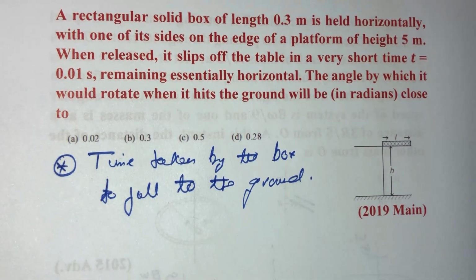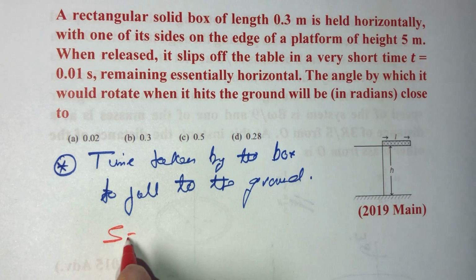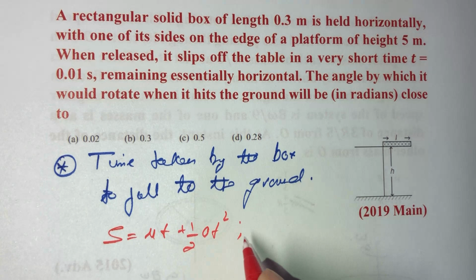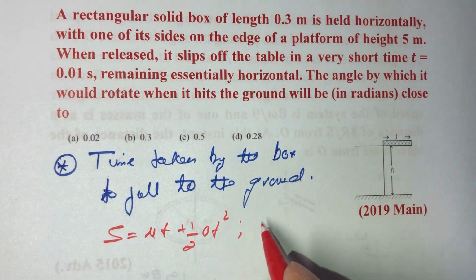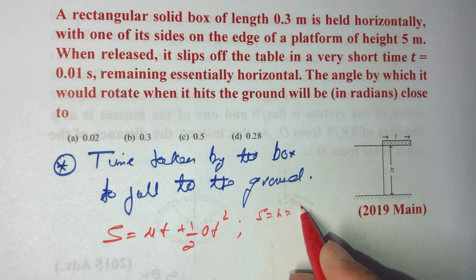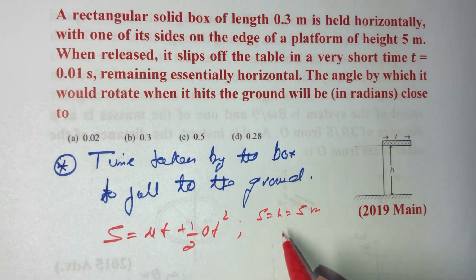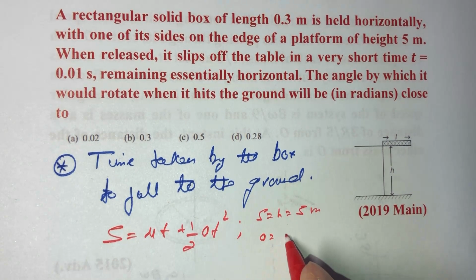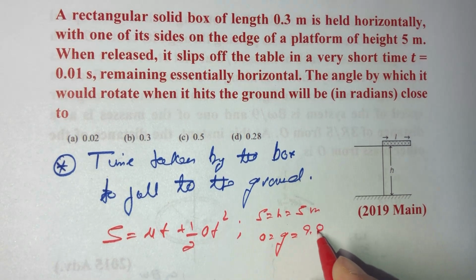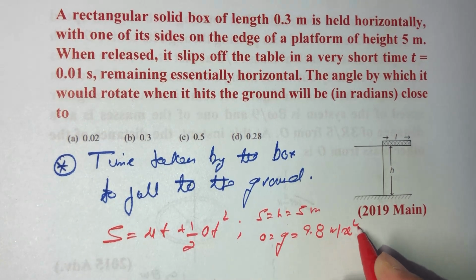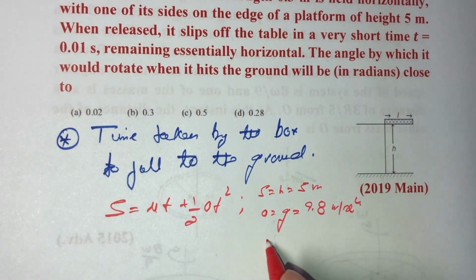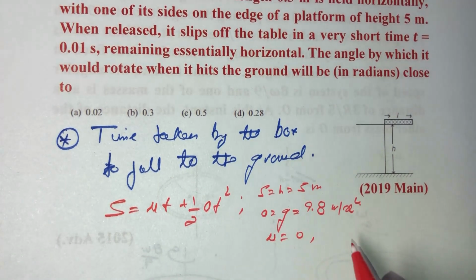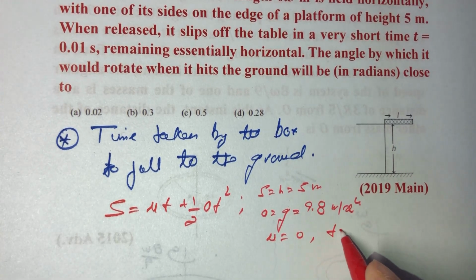We can use the equation S = ut + half at square, wherein S is the distance, equal to h, given as 5 meters, and acceleration due to gravity g is 9.8 meter per second square, and initial velocity u is 0. We say the time taken by this box to reach the ground is tf.